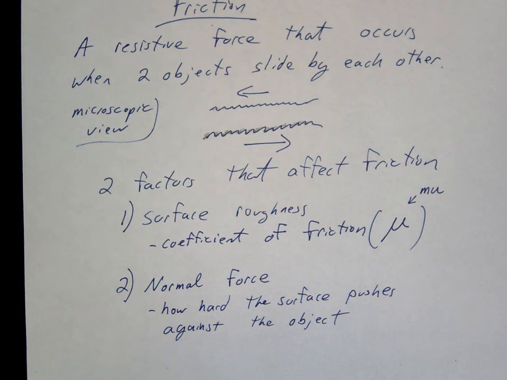So now the table has to push up with more force. If I were to push down with another 100, now how much is the table going to push up? 250. Each of those times, there's going to be more and more friction because the table's pushing up harder and harder, and the grooves get caught more and more.